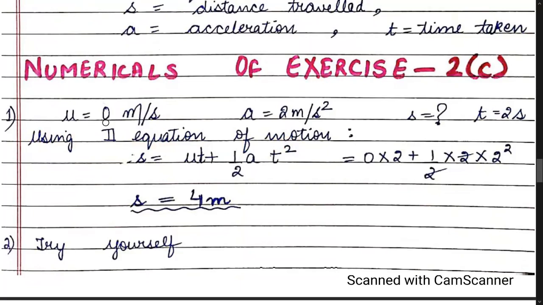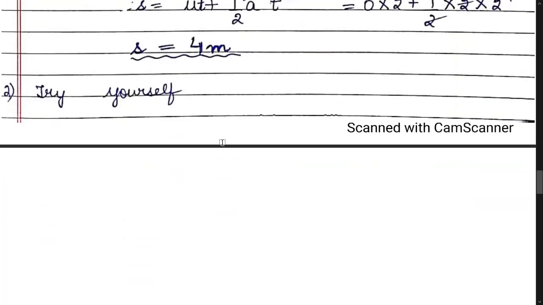Substitute the given values, that means 0 multiplied by T plus half, A is 2, square of time means square of 2. So 0 into 2 is 0, while this 2 and 2 cancel out with each other. So we are left with the answer, square of 2, that is 4 meter.